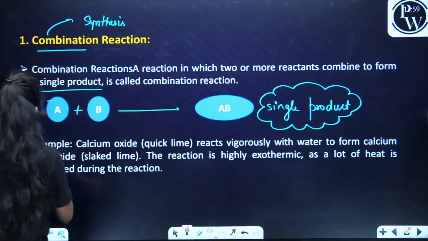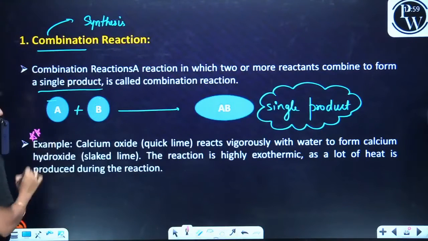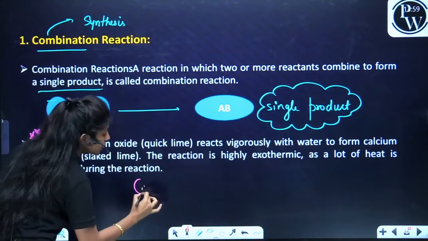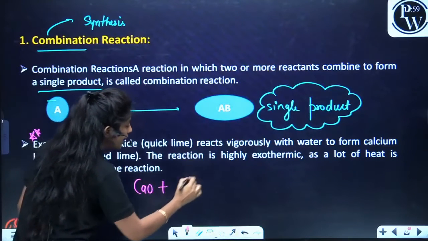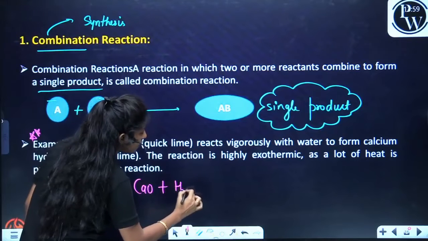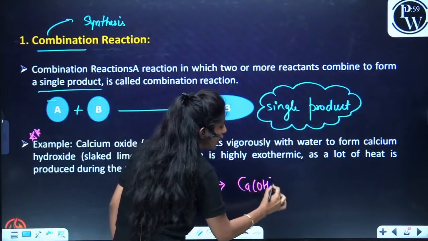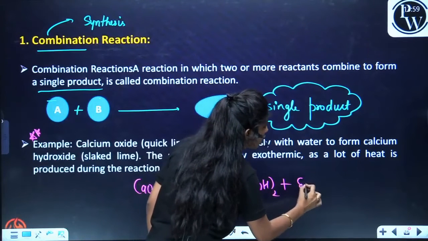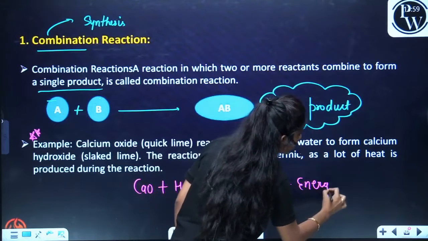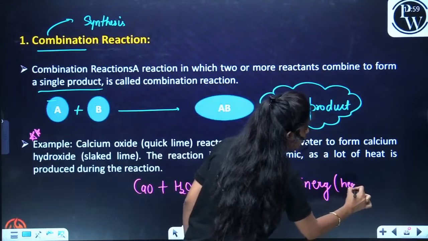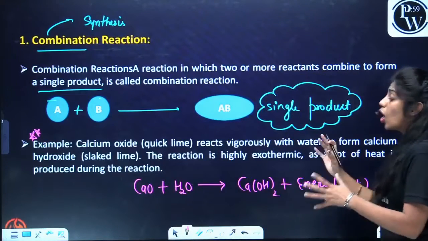You can star mark here. Calcium oxide reacts with water, gives you calcium hydroxide and releases a lot of energy, or you can say heat. So this is a combination reaction.